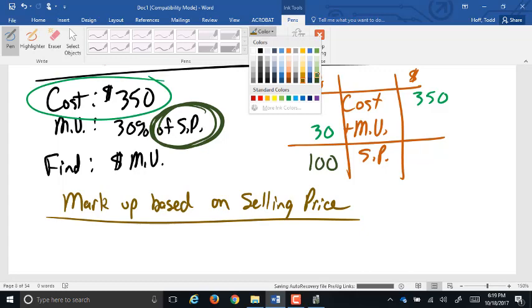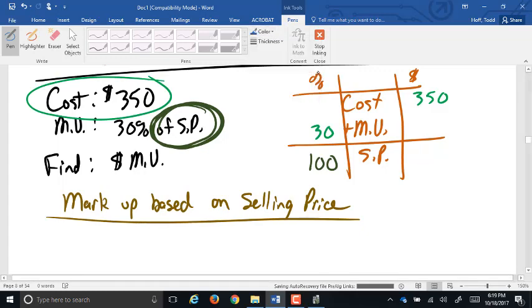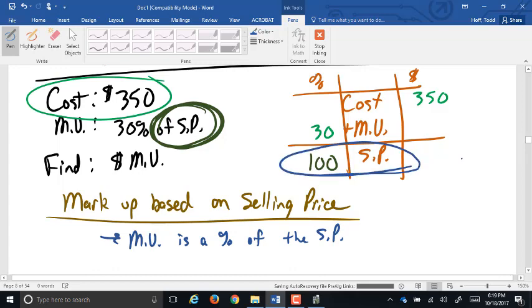The markup is a percent of the selling price. So the selling price is now the base, and 100% is going to go with the selling price.